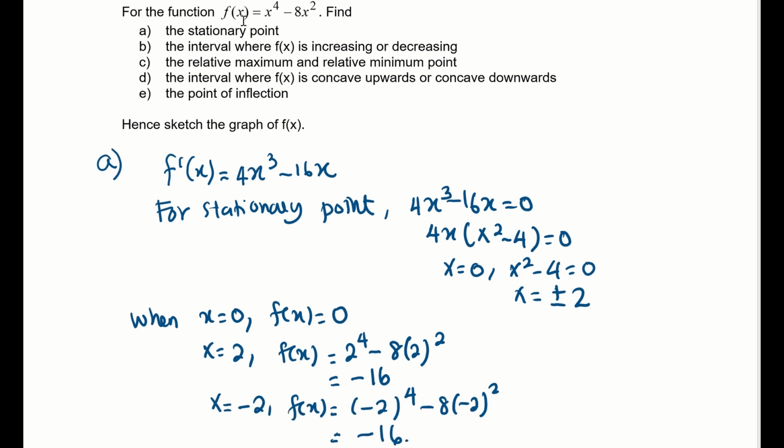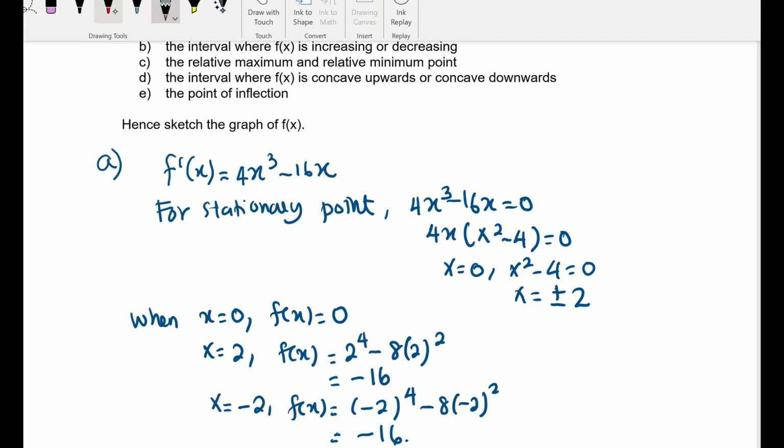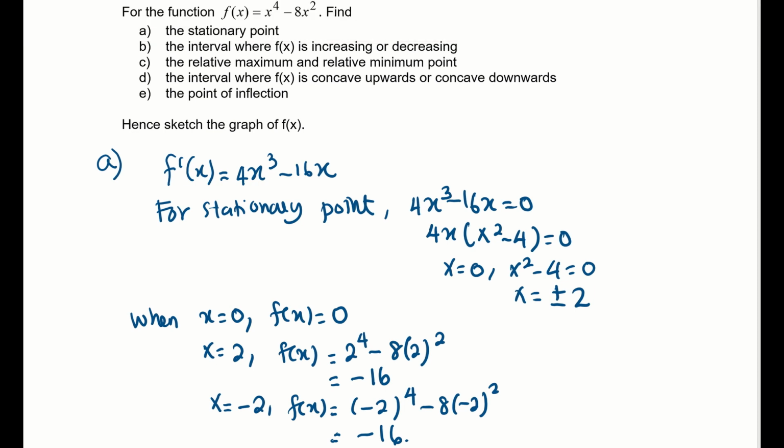Okay, because the question asks to find the point, we need to find what f(x) is for x equals 0, 2 and negative 2. When x equals 0, f(x) equals 0.